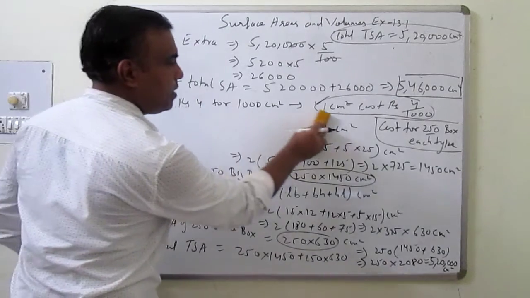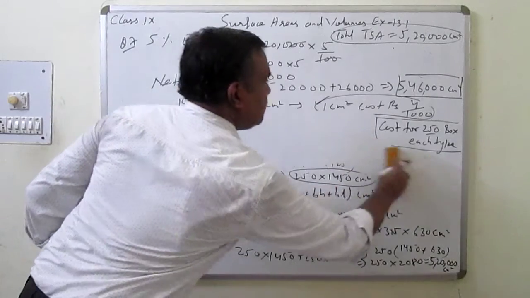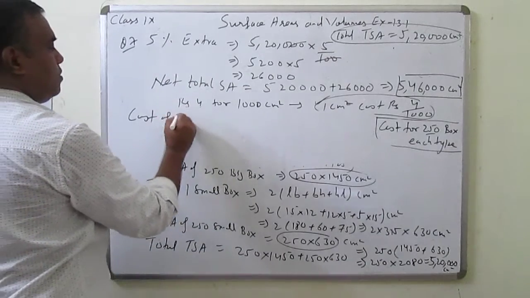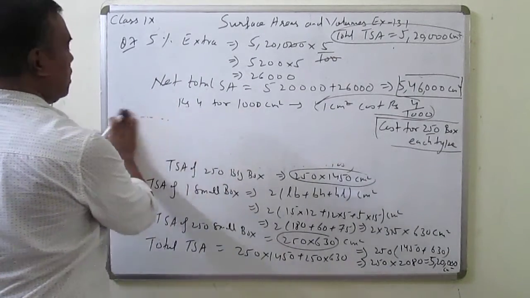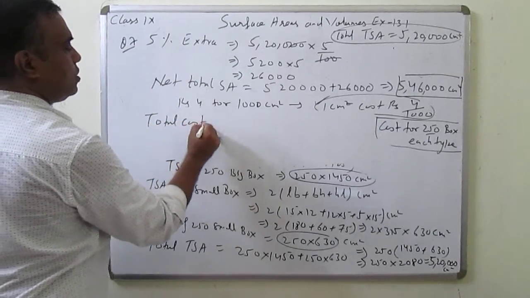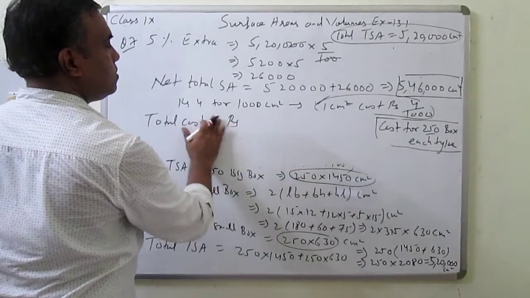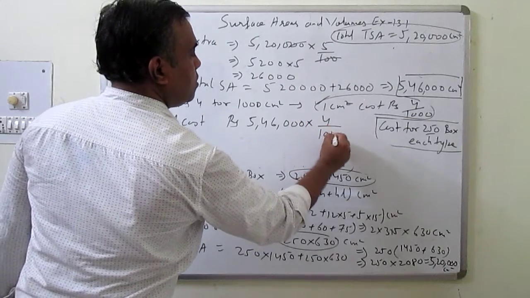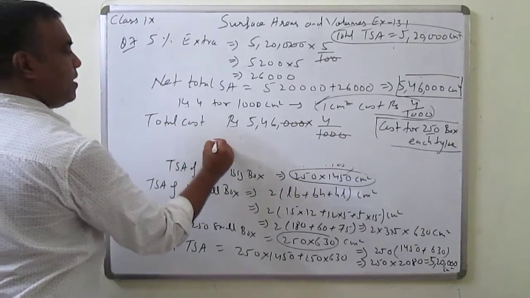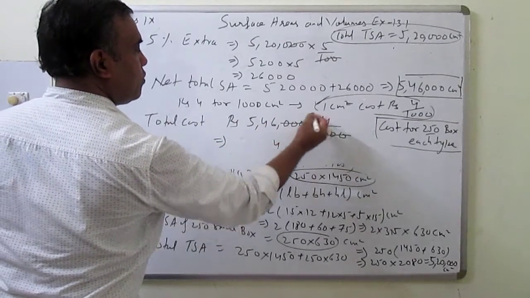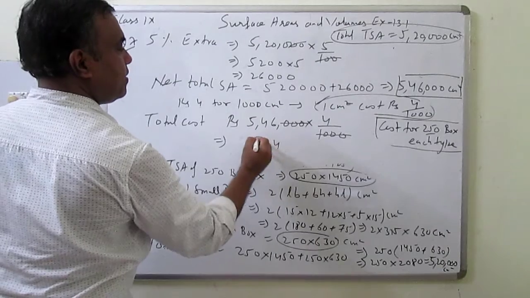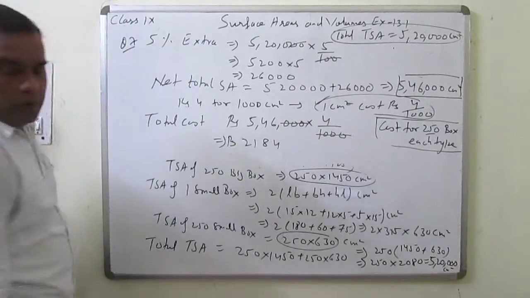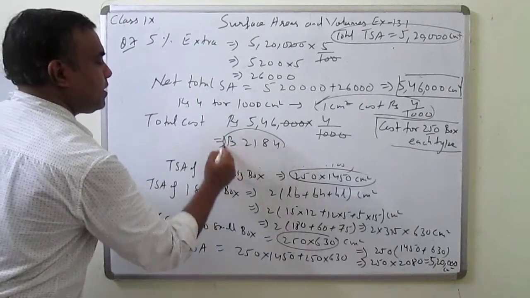Total surface area of big and small box, and total cost is equal to rupees 5,46,000 into 4 upon 1000. 3 zeros will cut, multiplied by this, 546 into 4 is 2184. 2184 rupees is the total cost of making the box.